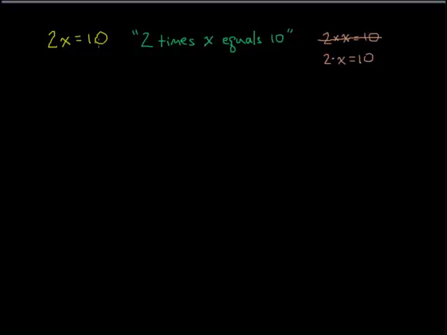Okay, so how do we actually solve for x? Well, one popular way in the beginning, when we're just starting out with simple examples like this, my students like to figure out what number times 2 gives me 10. They'll go through trial and error, and eventually you come up with 2 times 5 equals 10.